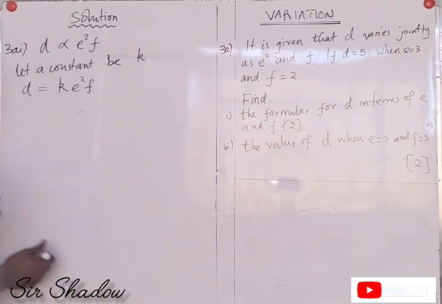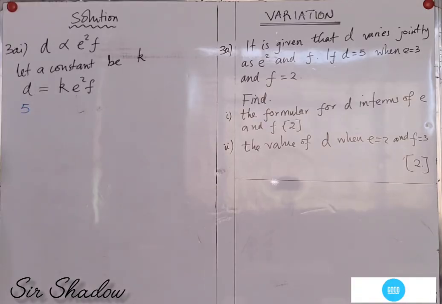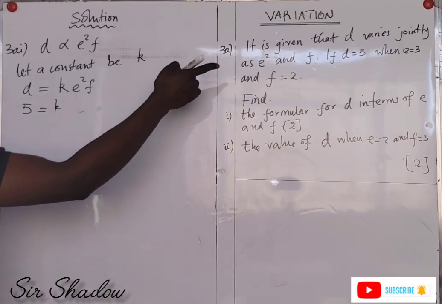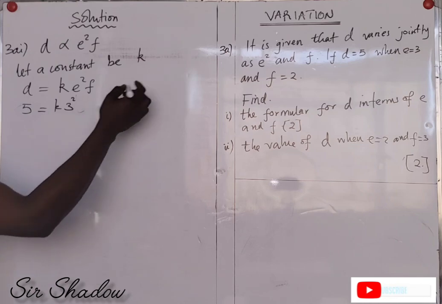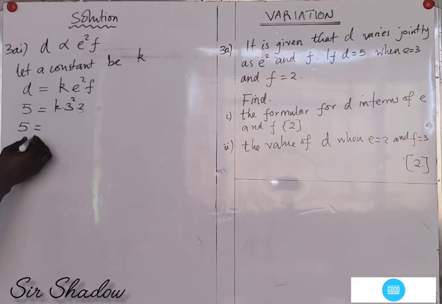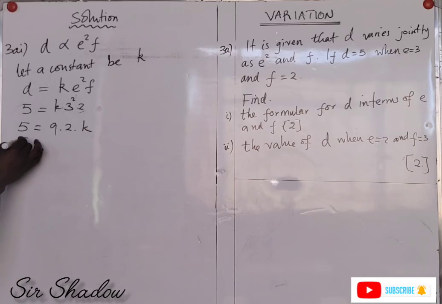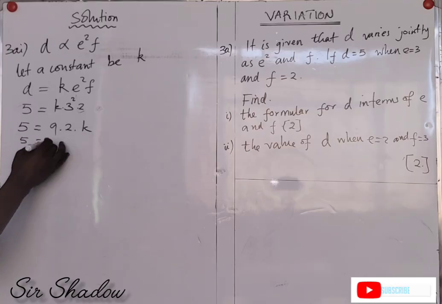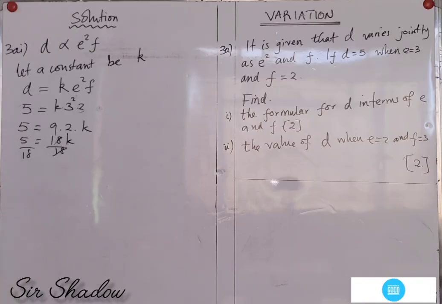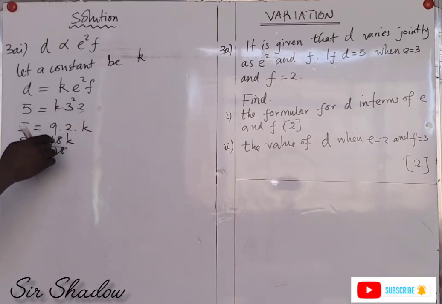We are given D as 5. So 5 equals K, which is unknown, times E, which we are given as 3, squared, then times F, which is 2. 5 equals 9 times 2 K, so 5 equals 18K. Divide by 18: 3 squared is 9, times 2 is 18.